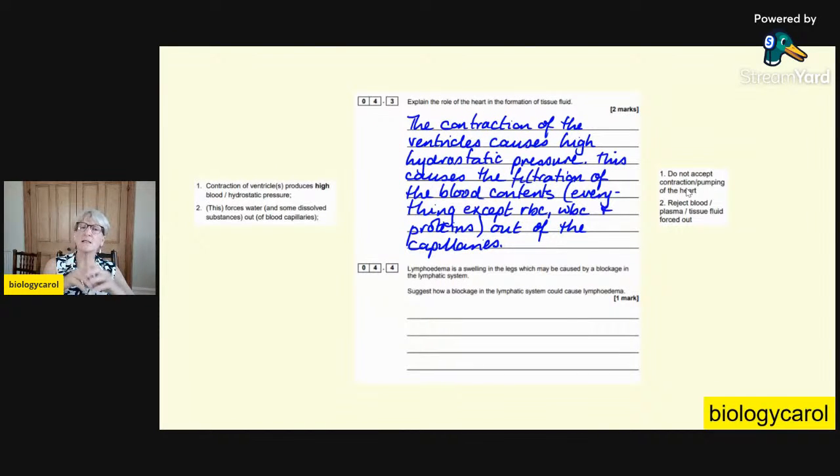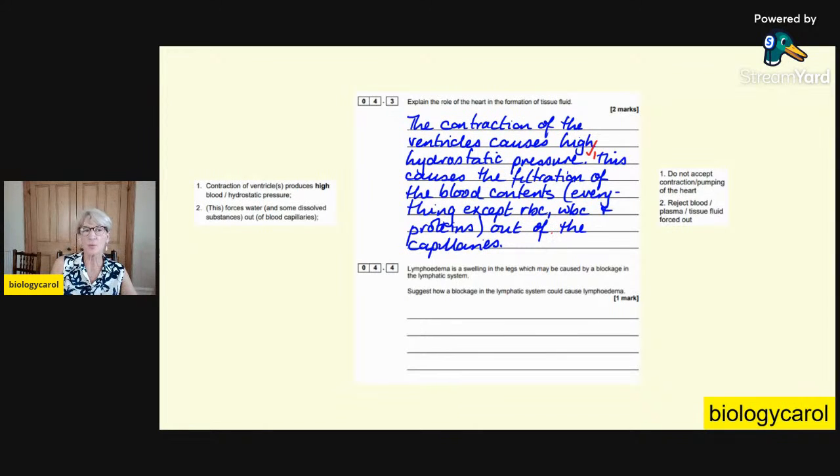I could really easily see that a lot of students would lose a mark here, even though they fundamentally understood what was going on. This is about using the A-level terminology and really getting your head around the fact that the muscle contraction produces the force that creates the blood pressure as the blood exits the heart. So I got mark point 1, but I didn't give myself mark point 2.